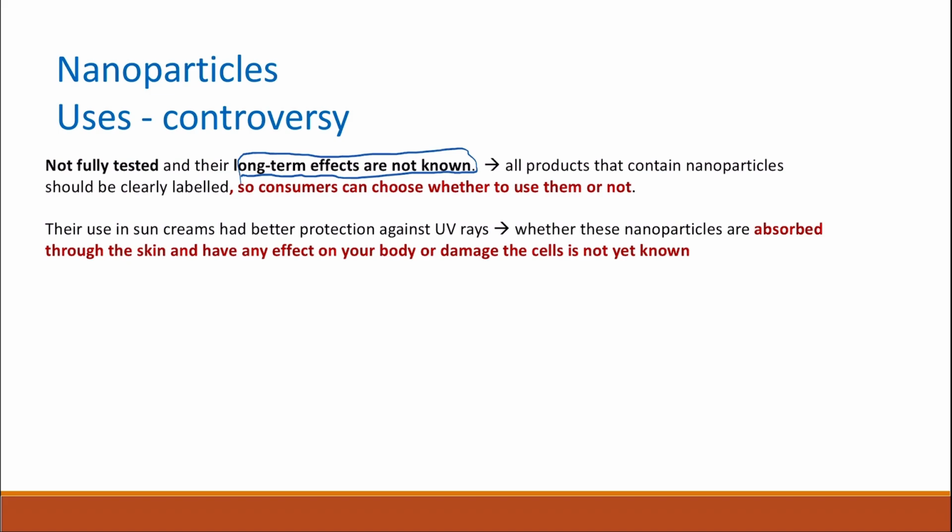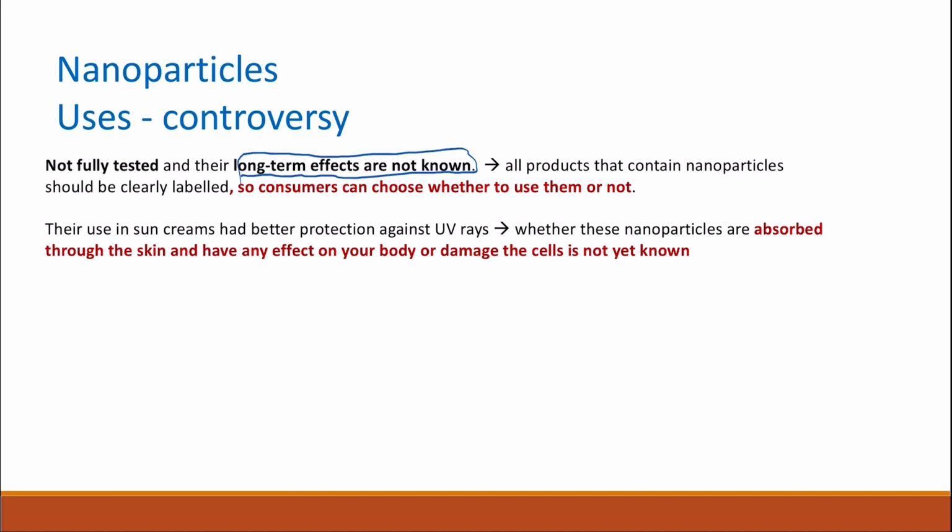One example is the use of nanoparticles in sunscreens. We said that nanoparticles have better UV protection for the skin than traditional sun creams. However, whether or not these nanoparticles are absorbed through the skin is not known.